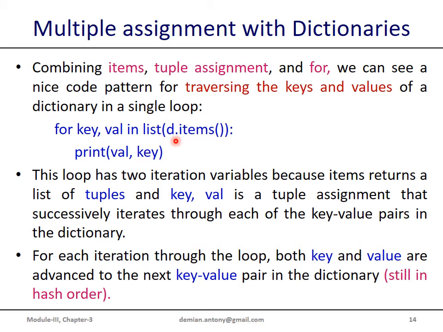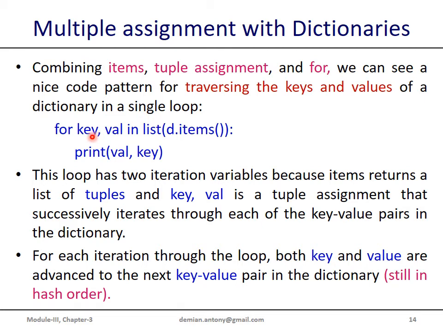The list items, that means tuples, have no predefined order. All these tuples are arranged in the hash order of the dictionary. With this statement, for key comma value, we have a tuple assignment, and we have an items method.